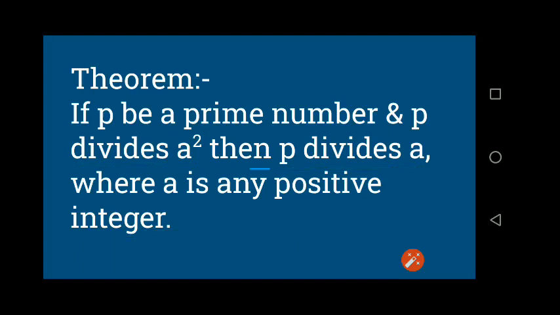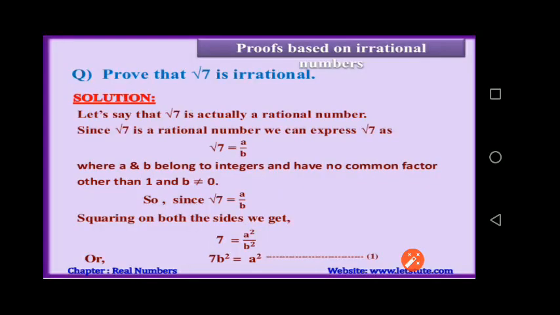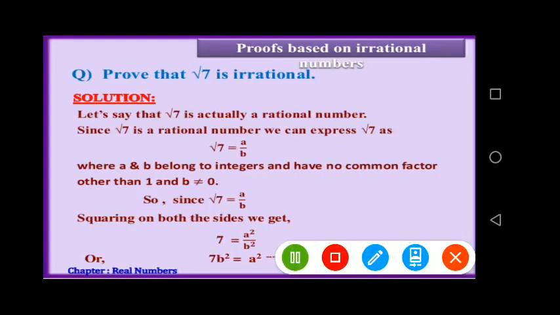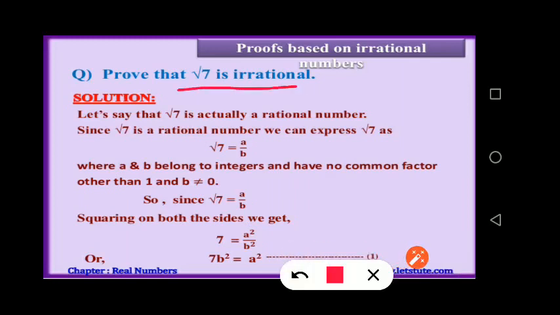Be attentive, that is an important part. I have taken to prove that root 7 is an irrational number. We will start with the contradiction and will prove that whatever we have assumed is not correct and hence it is an irrational number.